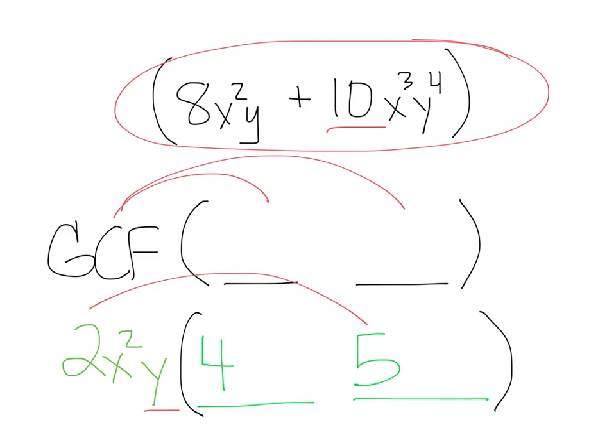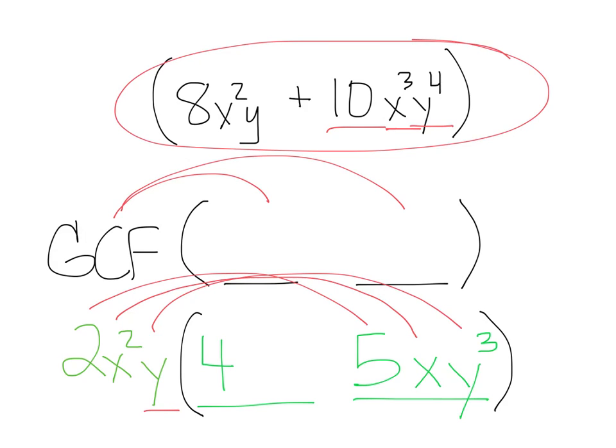We have an x cubed that we need to reach, so x cubed divided by x squared gives you x, because x squared times x will give you x cubed. And finally we have y to the 4th. y to the 4th divided by y gives you y to the 3rd, because y times y to the 3rd will give you y to the 4th.